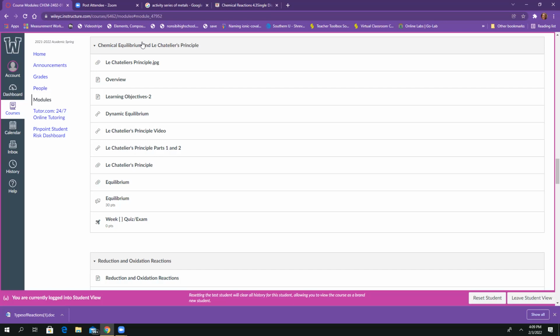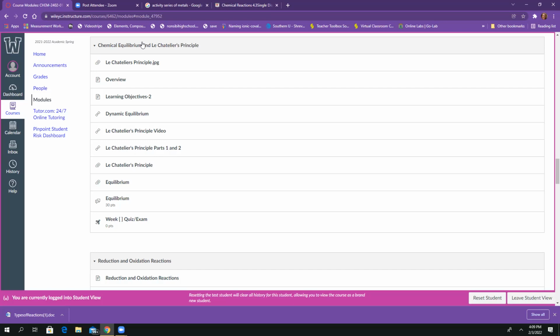If you put in more product, then once again it's going to produce more reactant, because you want to get rid of some of that product so that the equilibrium restores. If you increase the pressure, you can lower it by shifting to the side with the least amount of molecules, or moles.